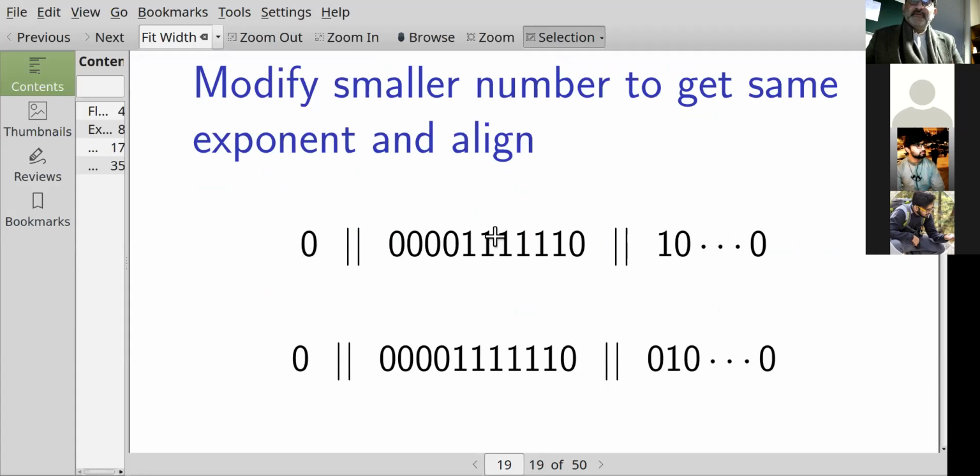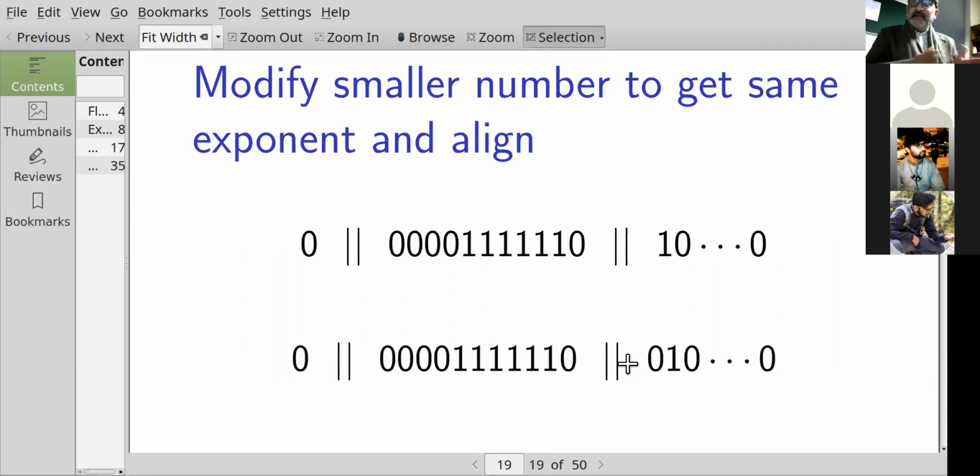So I take the original number and I raise the power of 2. But if I multiply by 2 in the exponent part, I have to divide by 2 in the mantissa part, right?